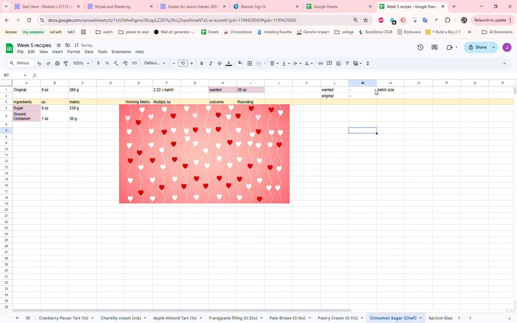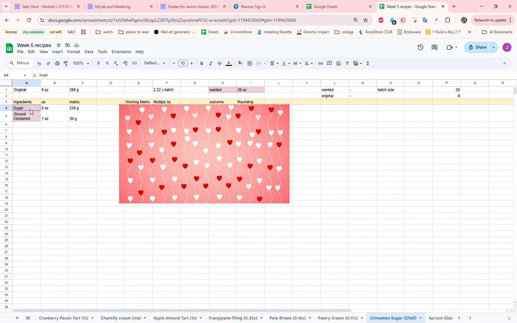So over here we're going to put 20 divided by 9. So 20 ounces divided by 9 ounces is equal to 2.22. So the batch is going to be 2.22.